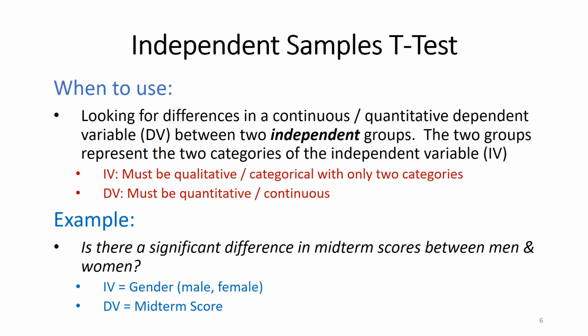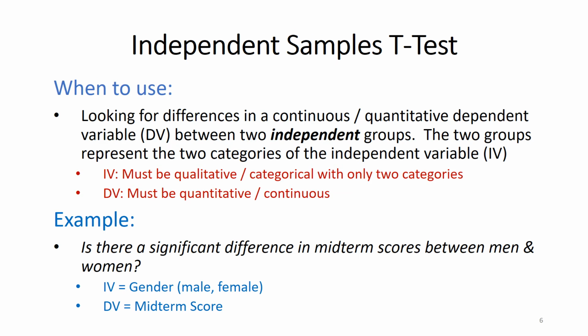And we're going to see some examples in just a moment that illustrate that. Then we want to see a dependent variable, and that dependent variable must be continuous or quantitative. Thinking back to levels of measurement, that means it is at the interval or ratio level of measurement, right? So quantitative was interval ratio, so that's where our dependent variable has to be.